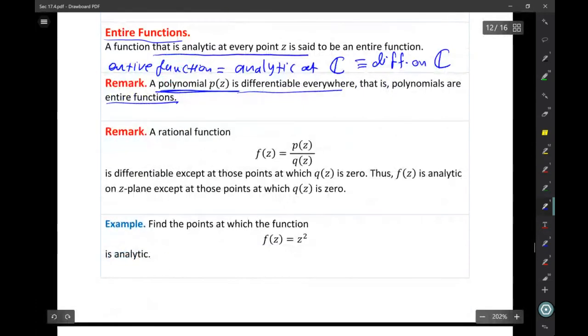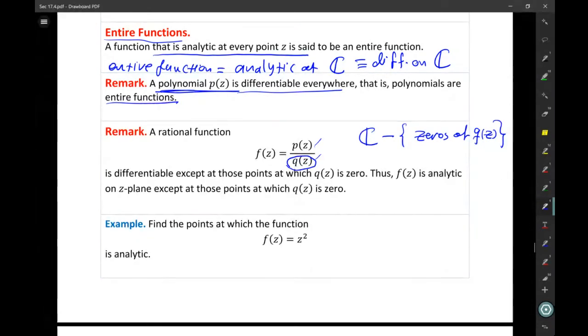What about the rational function? F of z is equal to P of z divided by Q of z, where both of them are polynomials. This is a rational function. It will be analytic on the set of all complex numbers except the zeros of Q of z, the zeros of the denominator.